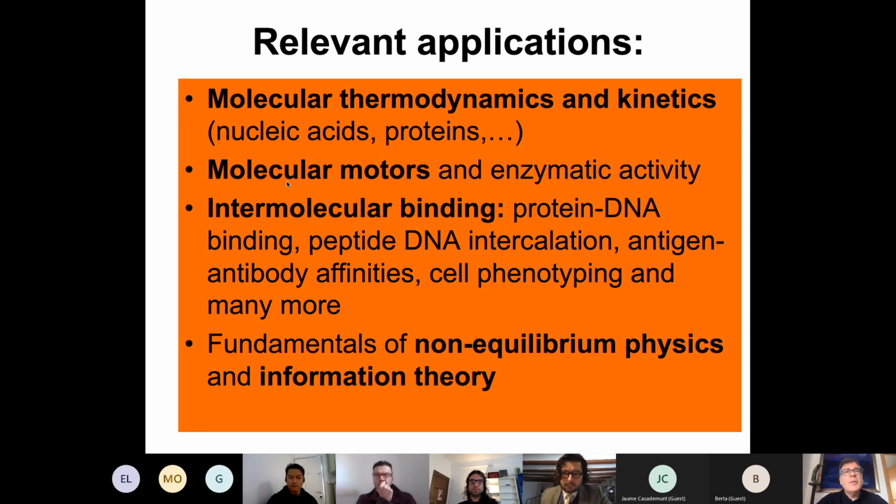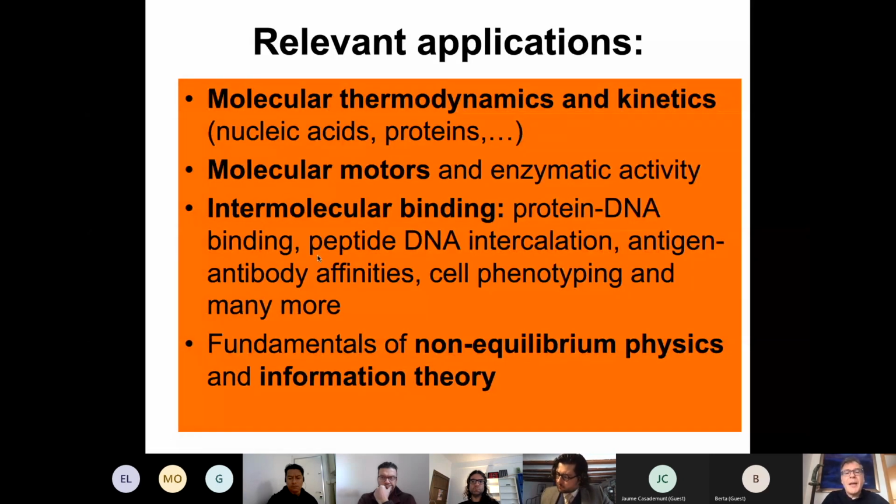It can be applied also to investigate molecular machines, the transduction of energy from ATP or GTP hydrolysis into mechanical motion. And this is a very successful line of research, in which many people throughout the world are using optical tweezers.